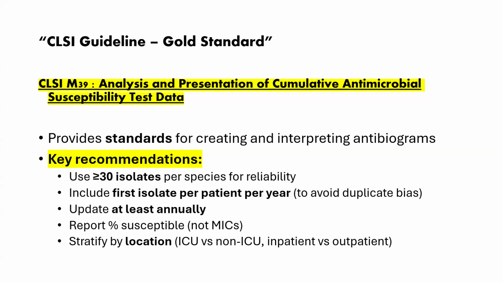Again, they report only the percent susceptibility, and they do not report the MIC, or minimum inhibitory concentration. Also, they recommend stratifying by location, like ICU versus non-ICU or inpatient versus outpatient.